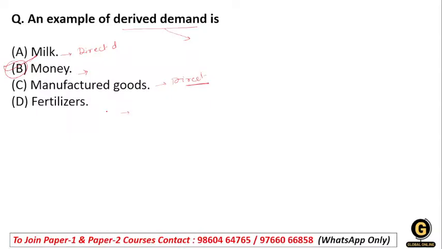Fertilizer helps to grow our food in a very productive way, with the best quality. So yes, it is some kind of derived demand, but still it's a basic thing. That's why option number B will be the right answer for this question.